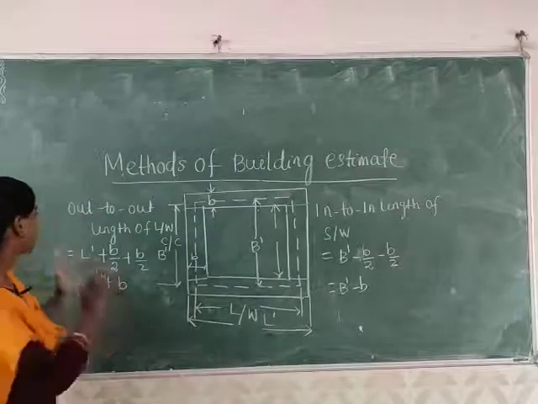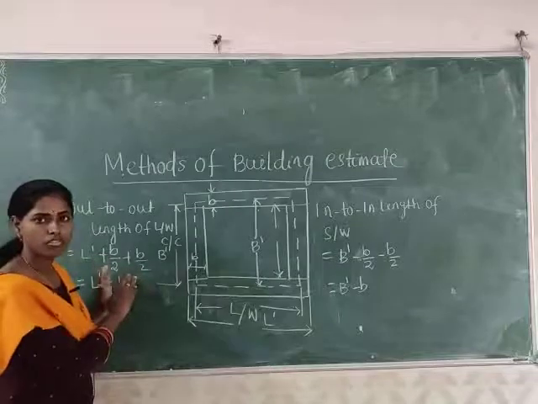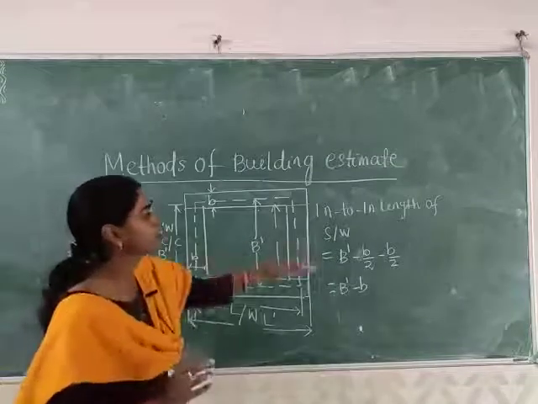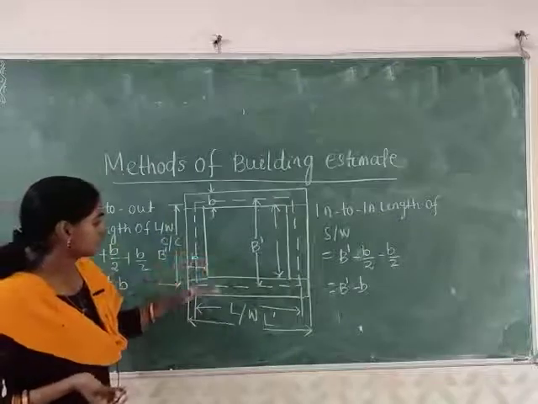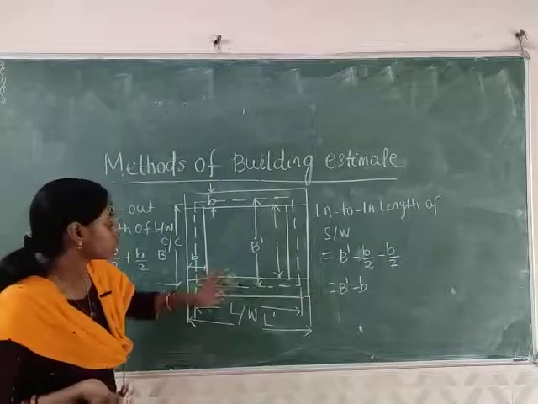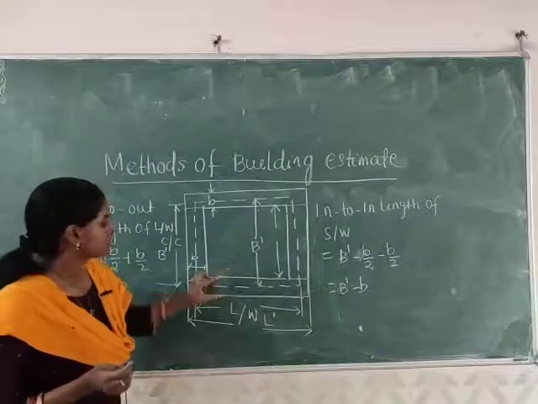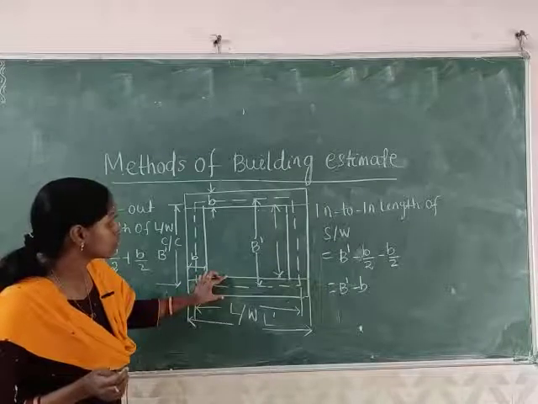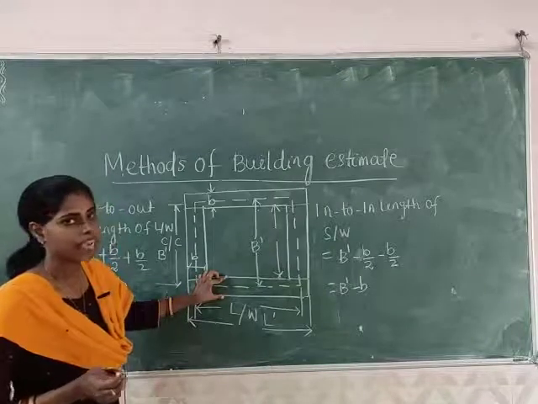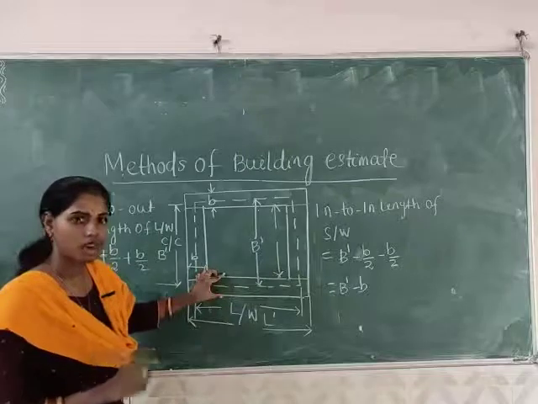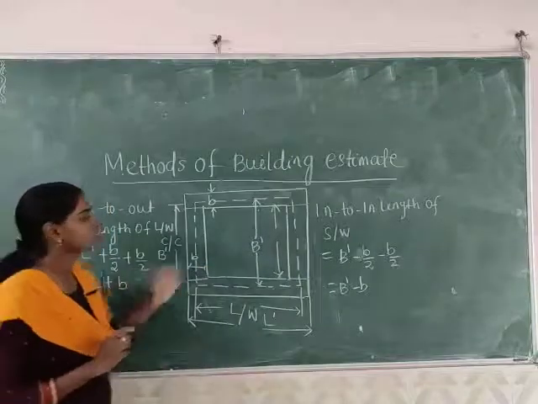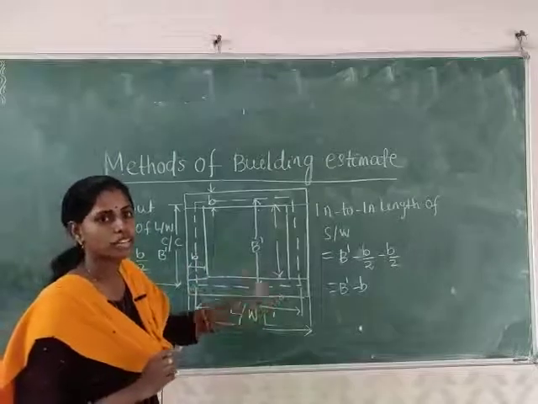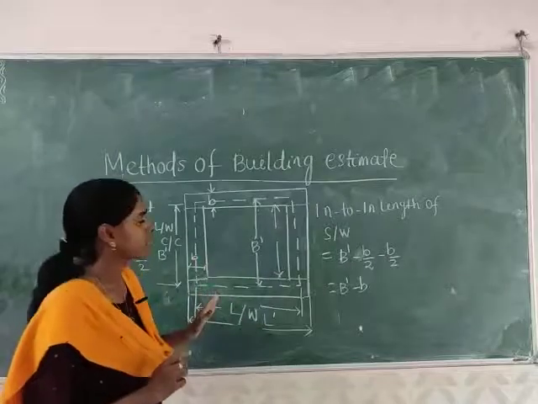Now, we have the out to out length of long wall and the in to in length of short wall. To find out the quantity, we will multiply the corresponding breadth and height of the work with the long wall and with the short wall to get the total quantity.